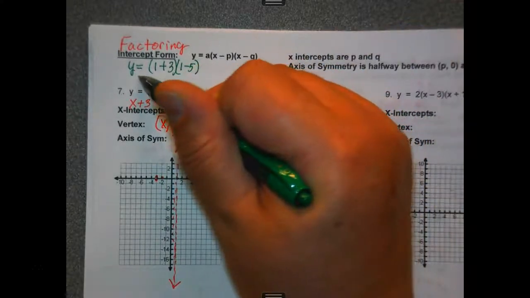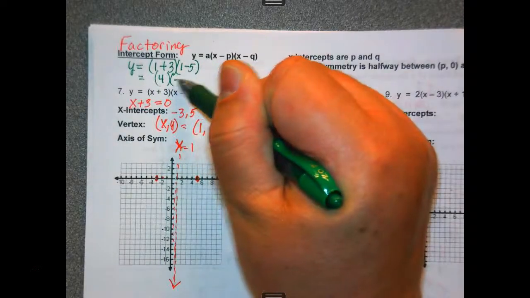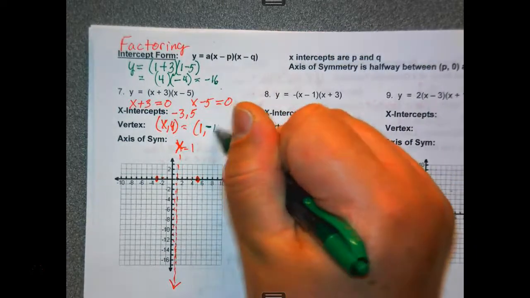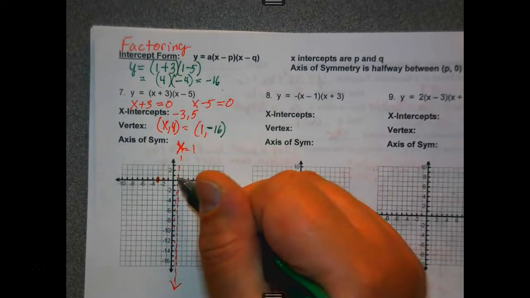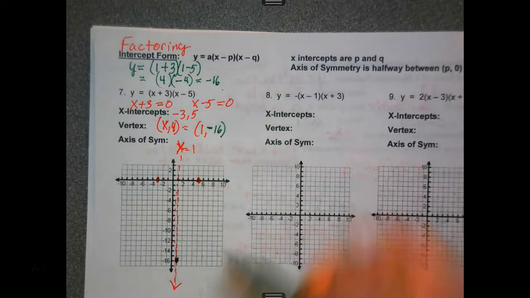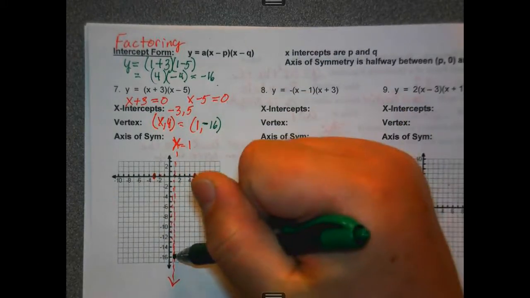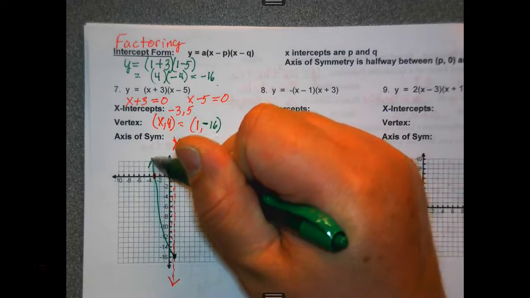Okay, so I get 4 times negative 4, negative 16. So (1, negative 16) is my vertex. I have my 3 points. So there's my parabola.